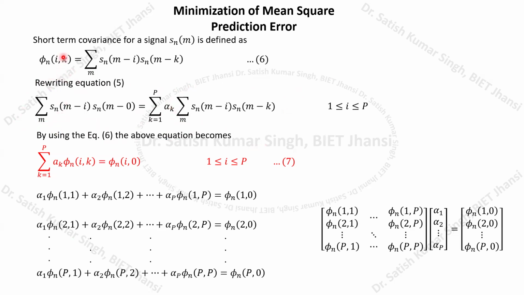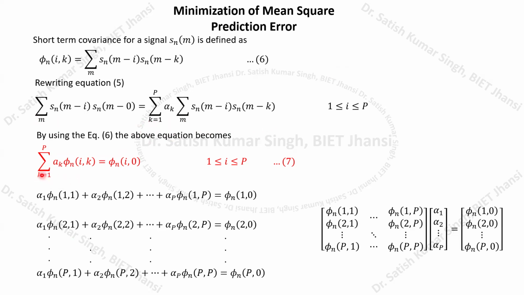So by using this definition of short-term covariance, we can rewrite this equation. First of all, I am writing the right hand side here on the left hand side.